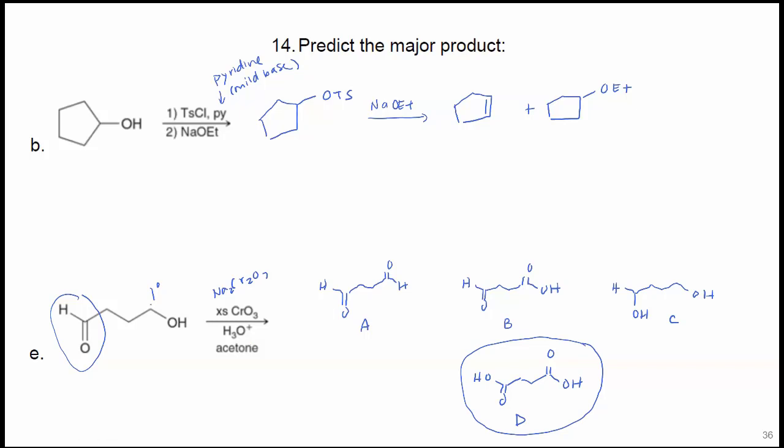So as long as there are hydrogens on that carbon next to the oxygen, then there will be an oxidation there. If we had this alcohol, the only one that can get oxidized is the primary alcohol. So we would see this as a product here.